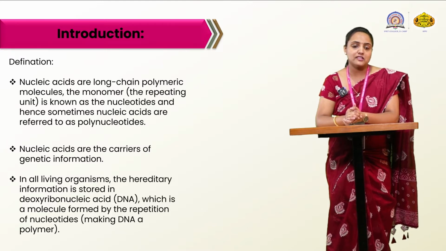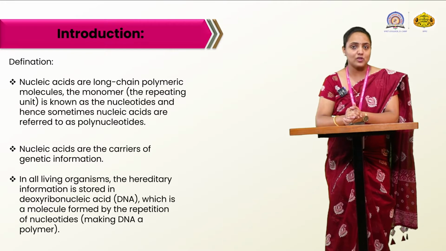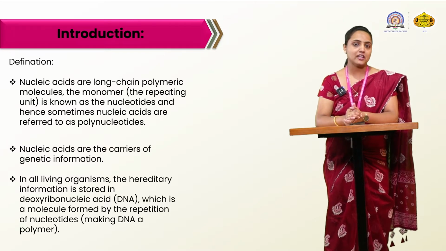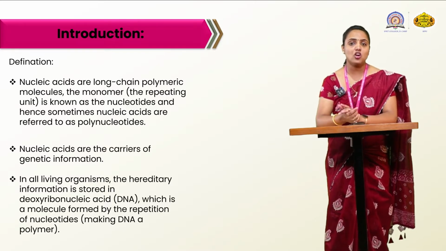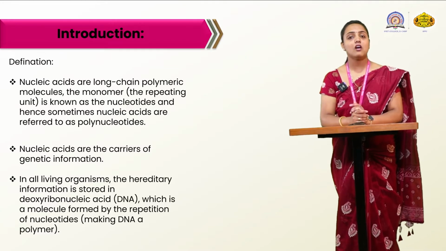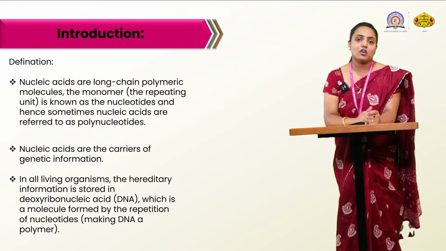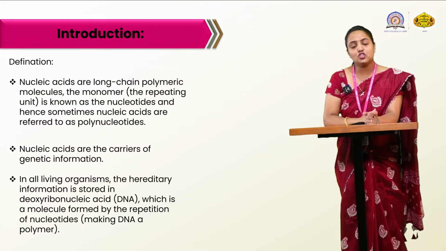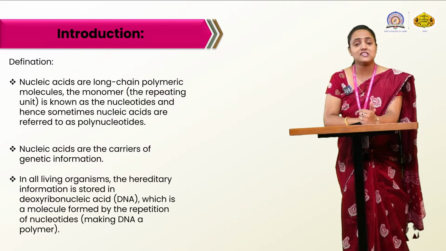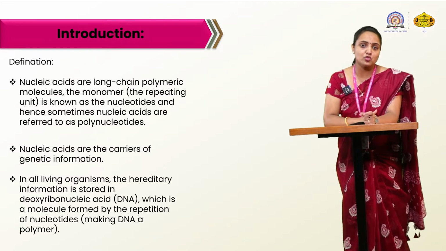In all living organisms, the hereditary information is stored in deoxyribonucleic acid, that is DNA, a molecule formed from the repetition of nucleotides, making DNA a polymer. It is called deoxyribo because of the absence of the oxygen group at the third position of the sugar. Ribose sugar is present in both nucleic acids.